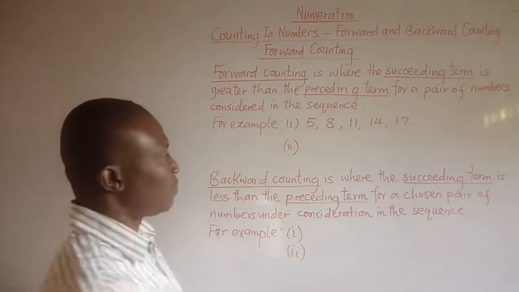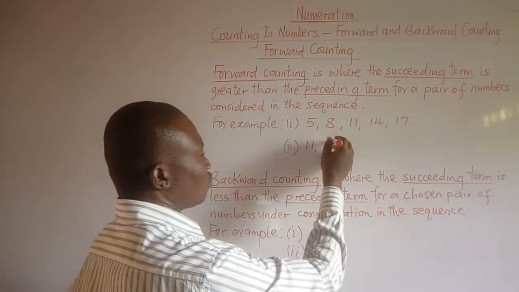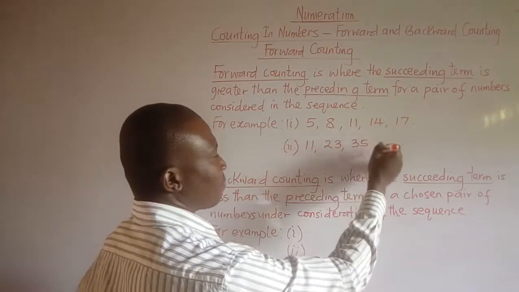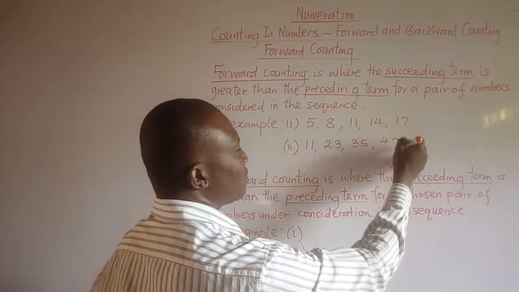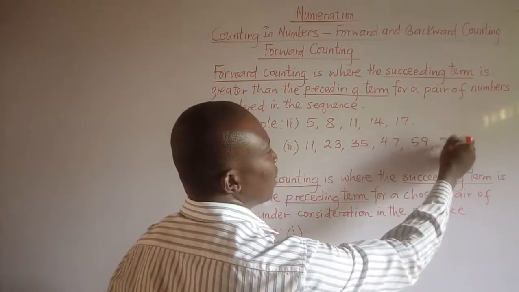Take another example. Let's say 11, 23, 35, 47, 59, and 71.